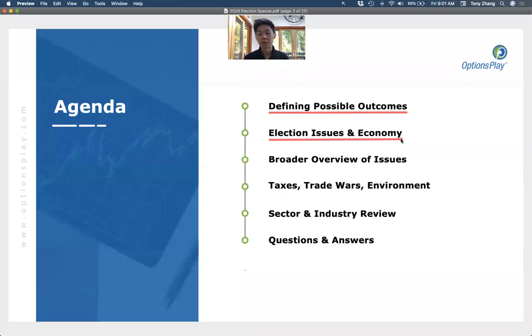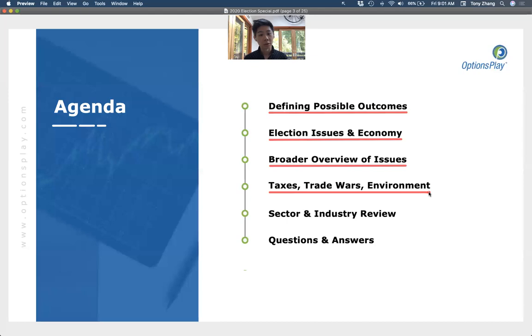and how they generally affect the economy from a broad-based perspective, and how each of the possible outcomes will likely affect these broader issues. Then we'll take a look at individual ones, predominantly around taxes, the trade war, and the environment, which generally speaking are the ones that we see have the largest impact on our economy and on different specific sectors, based on the outcome of the election.